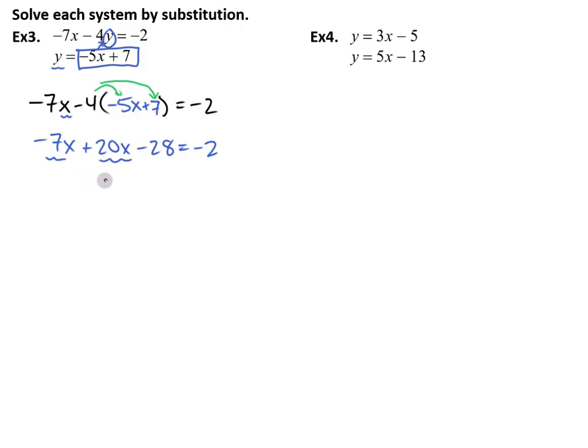Okay, these two together make 13x. And because I'm going to want to get x by itself, let's go ahead and add our 28 to the other side. Save myself a little bit of writing. So we get 13x equals 26. Well, I can finish solving for x by dividing by 13, and we get x equals 2.